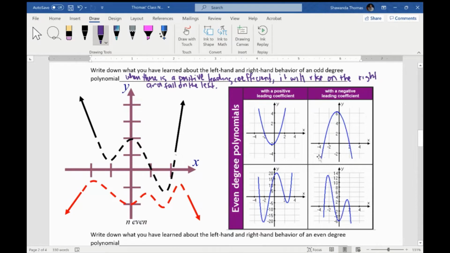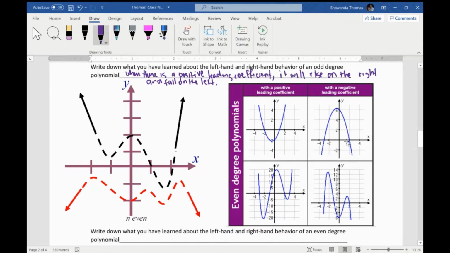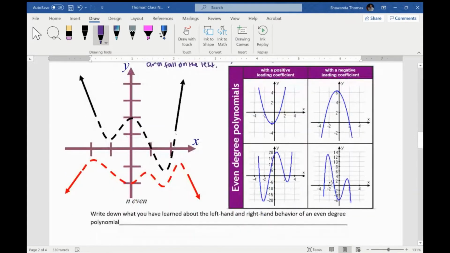The left side is falling, the right side is falling. So I know it's an even degree, and I know it's a negative leading coefficient. Again, at this last little graph, both ends are falling on the left and on the right. That's how I know it's an even degree polynomial.